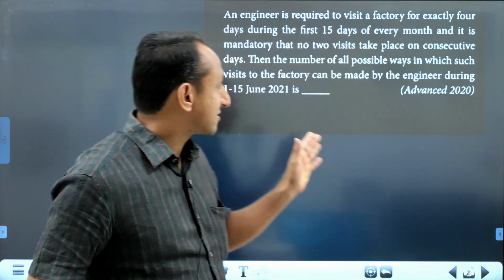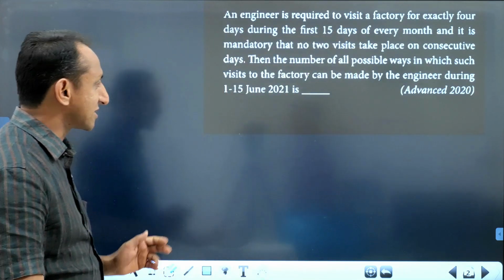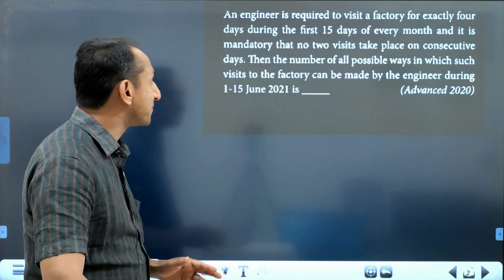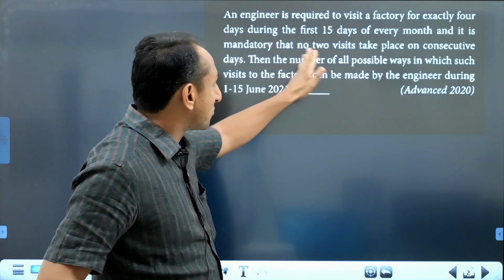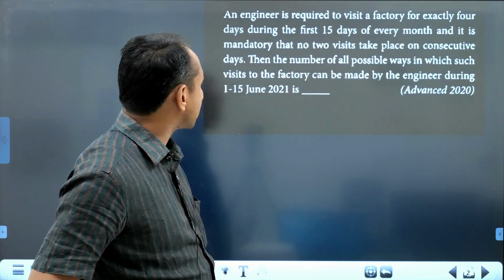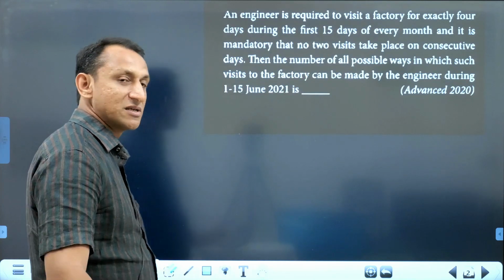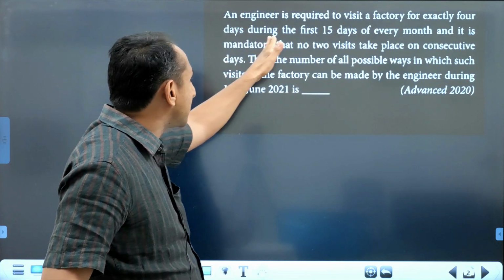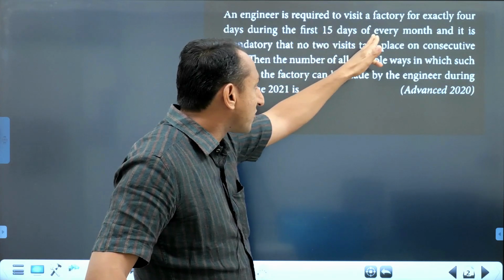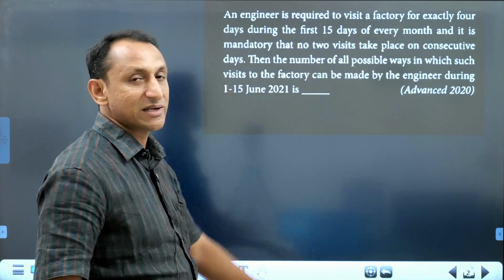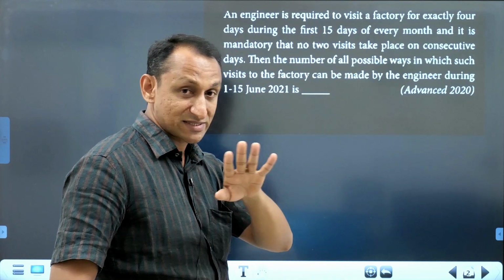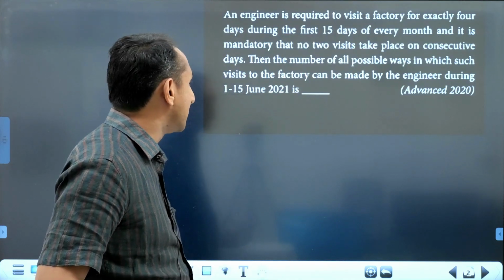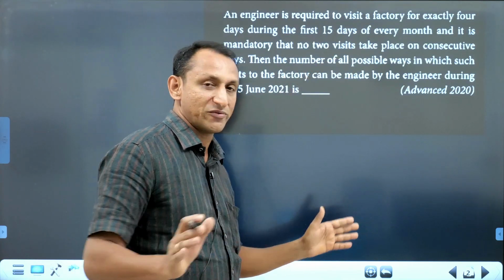Now we discuss one JEE Advanced 2020 question from the topic binomial, permutations and combinations. Read the question. An engineer is required to visit a factory for exactly 4 days during the first 15 days of every month.